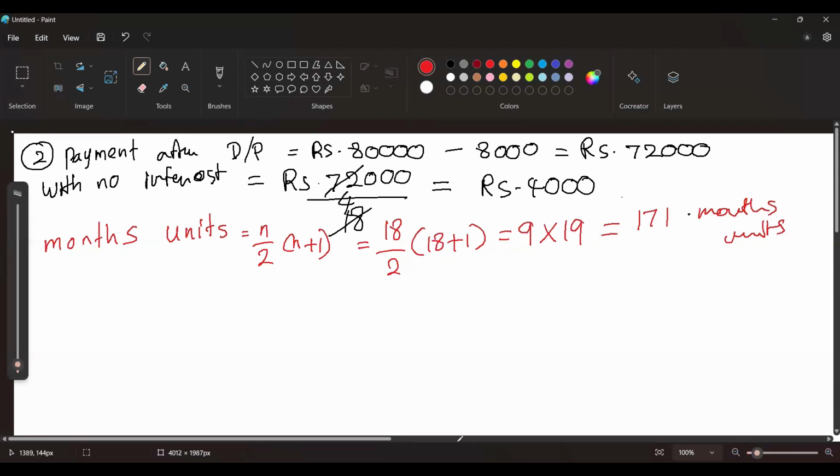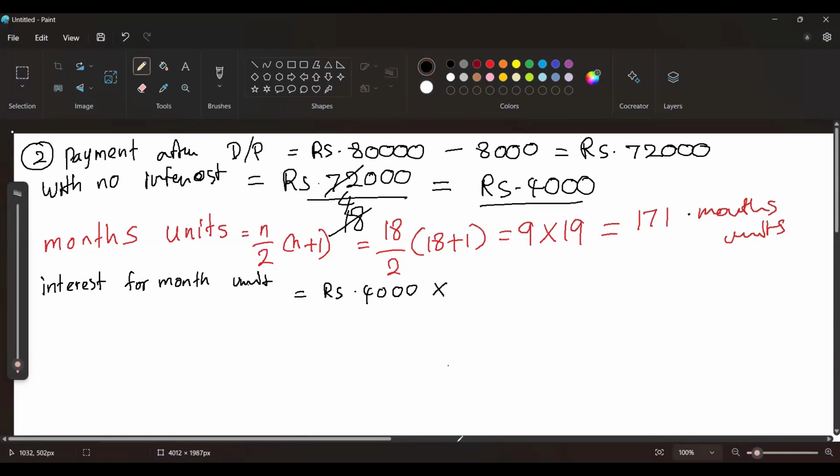Now you have to find the interest for the month unit. That should be the step. Normally the interest value for a month is 4,000 rupees.